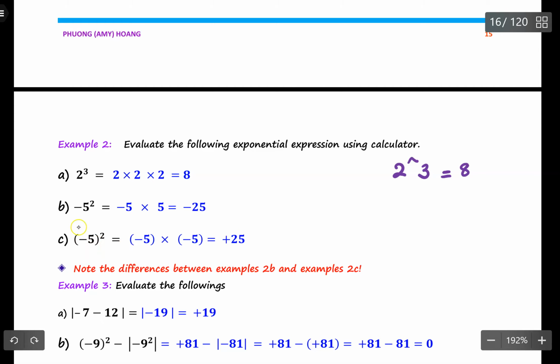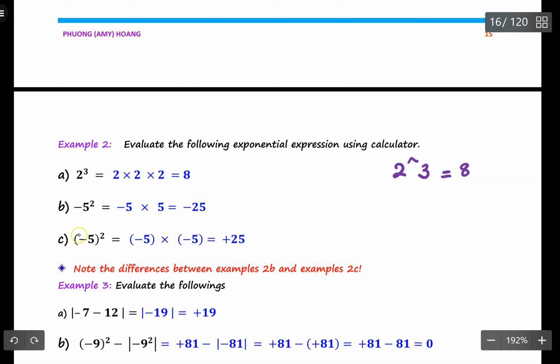So because of the bracket, the exponent 2 with a bracket is representing that the whole negative 5 is the base. Okay, so you see for B, only the 5 is the base raised to that exponent 2. I have to leave the negative sign out.